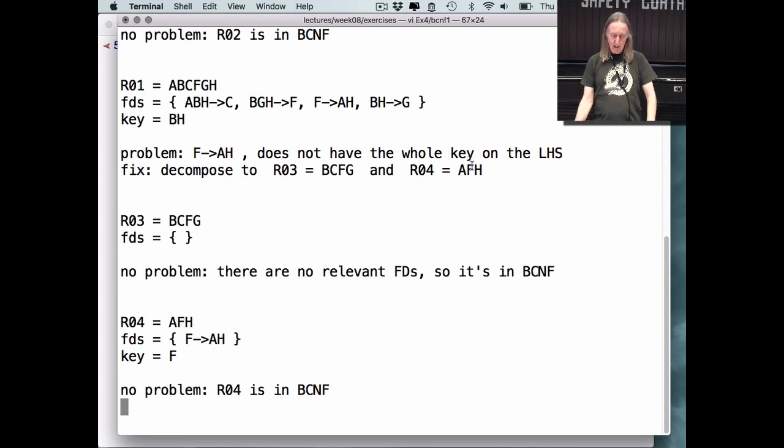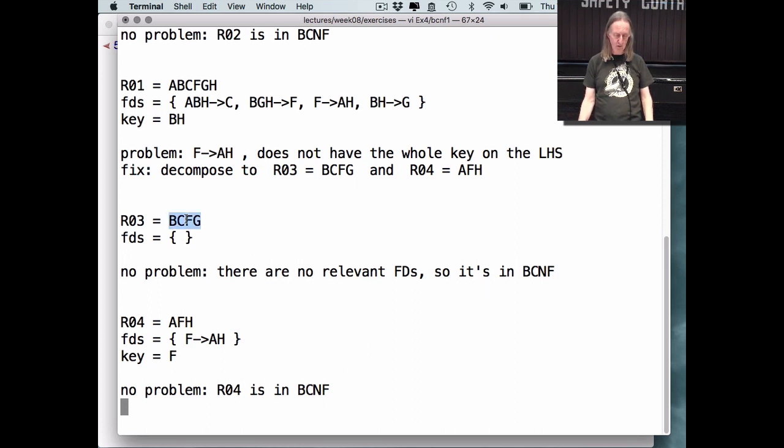Right, if we look at this table, AFH, we can find one functional dependency, and in fact it's the one that was used to produce that table, and we've already seen that if you've got a dependency like that, that tends to give you the key, and therefore the table is in BCNF.